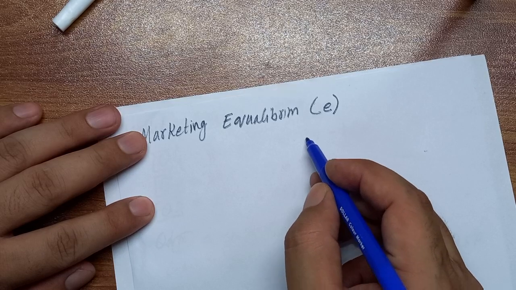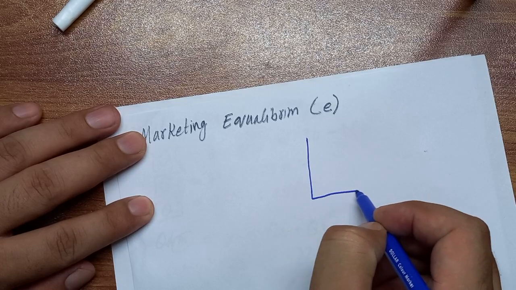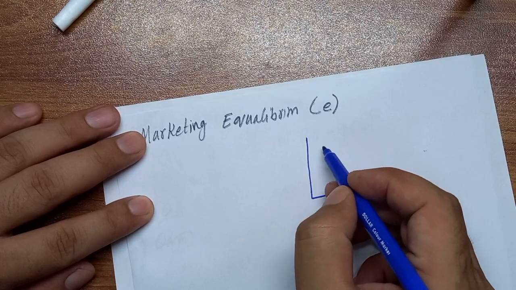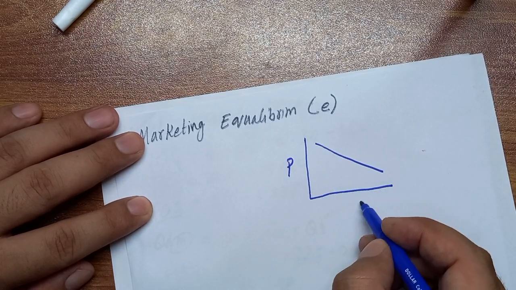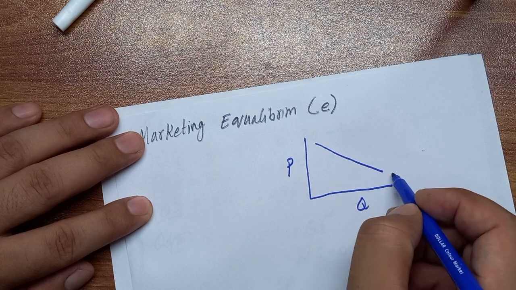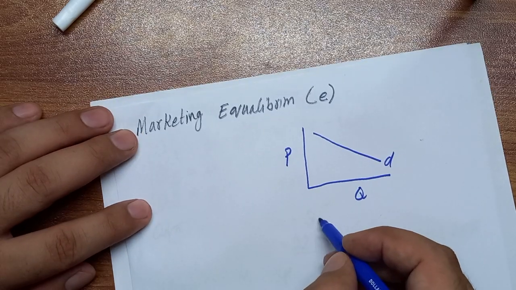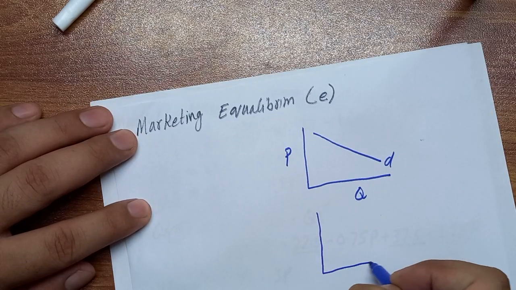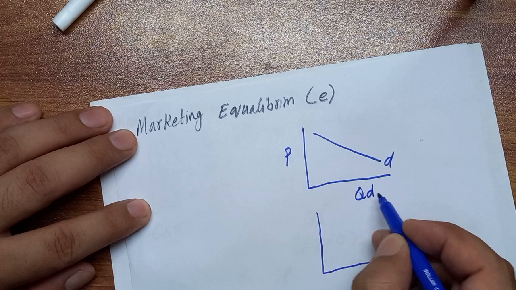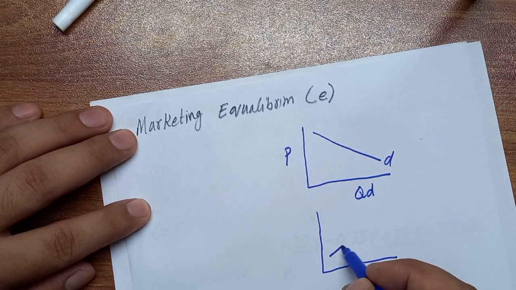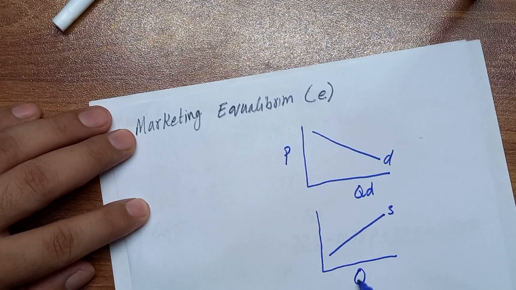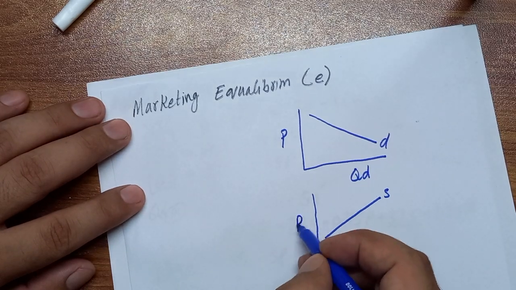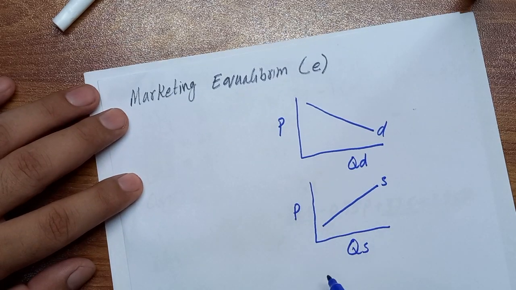So here I can draw, this is for demand, we have price here, we have quantity here. This is the demand curve, and this is the quantity of demand. Here I can use a supply curve. This is used for supply, so this is QS, meaning quantity of supply, and here we will mention price.